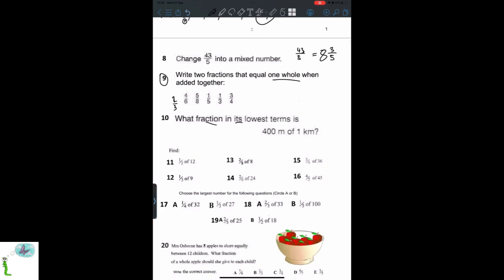What fraction in its lowest terms is 400 meters of 1 kilometer? 1 kilometer is equal to 1,000 meters. So it's asking what is 400 meters of 1,000 meters.